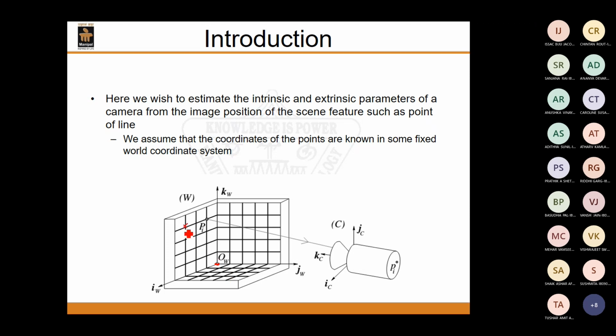Let's say I'm assuming a point over here, another point here, and another point here, and so on, and many such points. So I'm selecting certain points along this calibration grid in all three planes, and since it's a grid, we select these points to be the intersections of the grid lines.